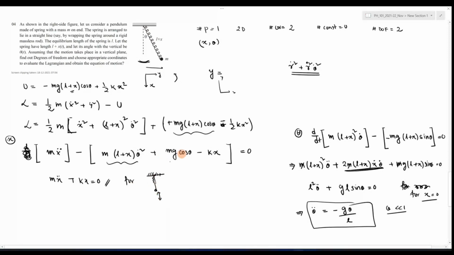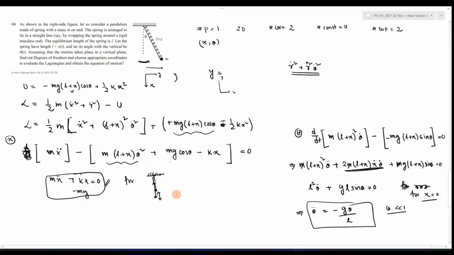Sorry, yes, mg will be there. So it will become minus mg equal to 0. This thing will be there. Yes, thank you. In this, the mg force acts downward, kx acts upward. Okay? Yes. Okay. Yes.